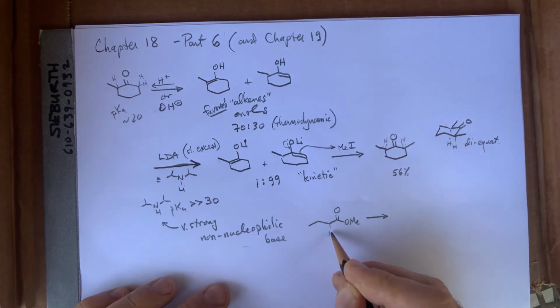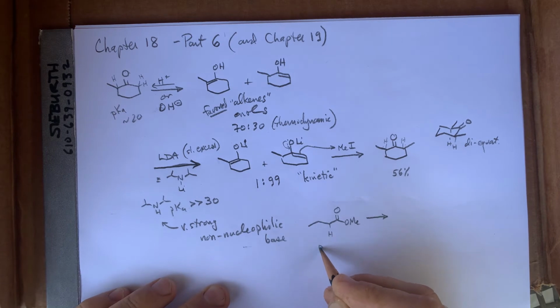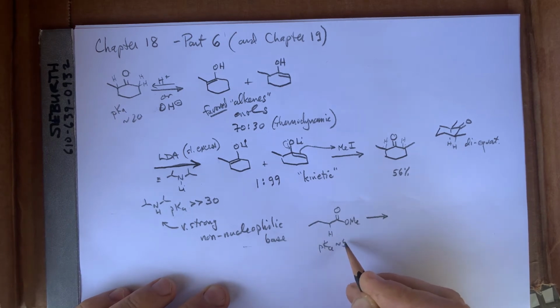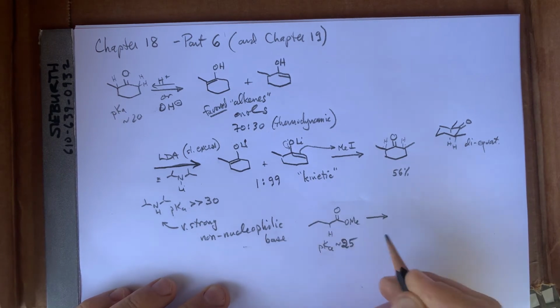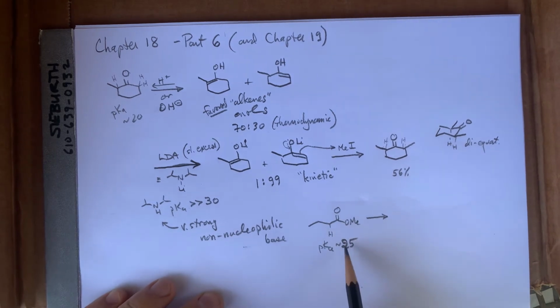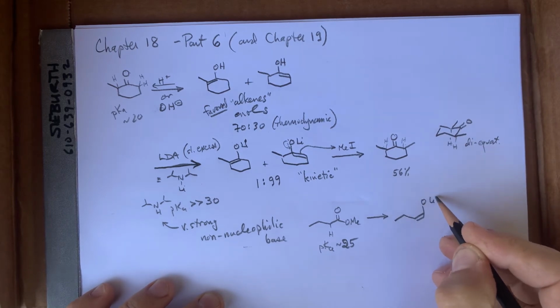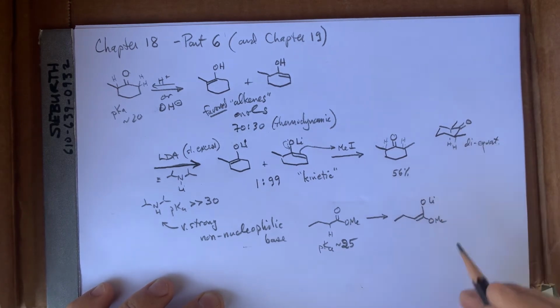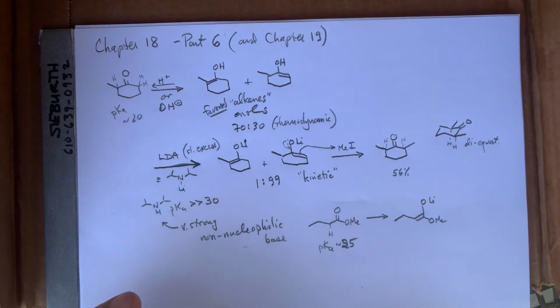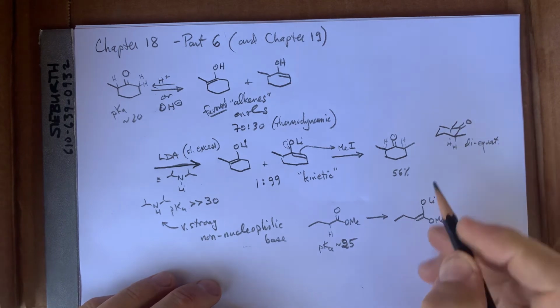Okay, so the pKa of an ester is about 25. Now, that's still plenty acidic for LDA. So you can very readily make the enolate. Now, let's see.